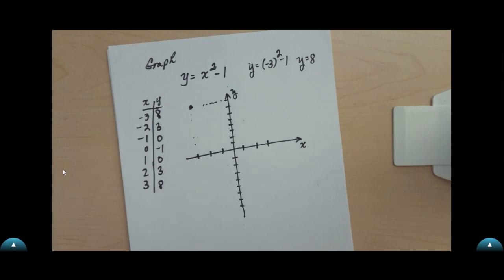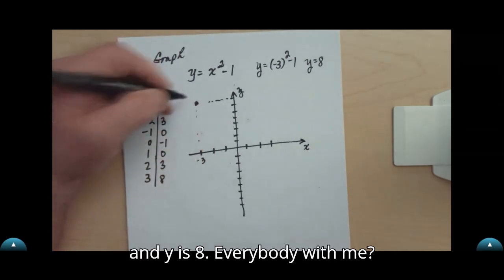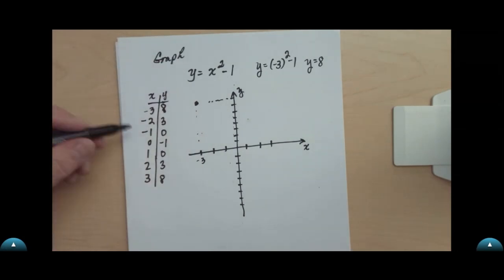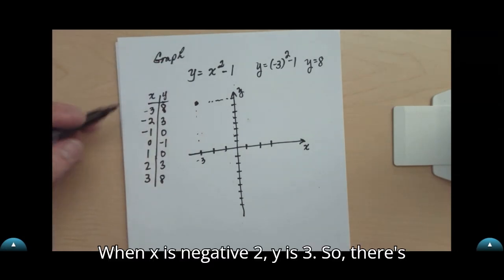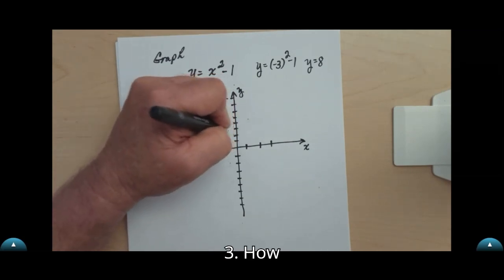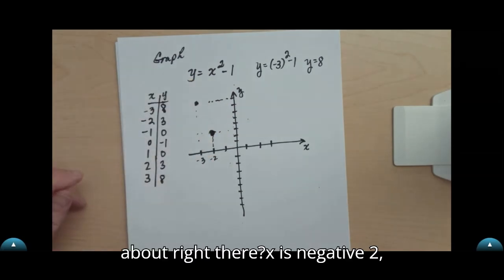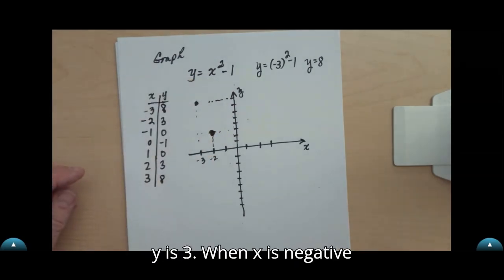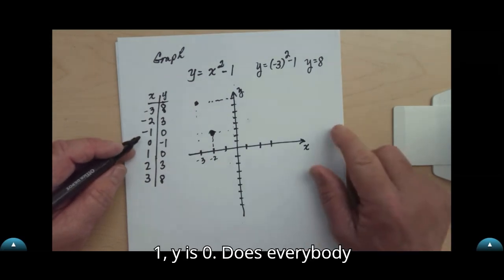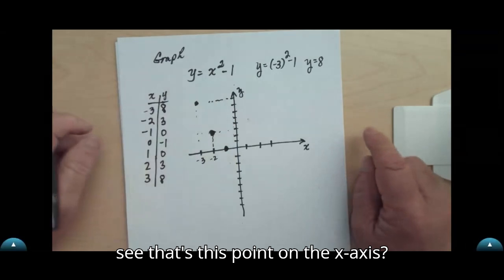So there's where x is -3 and y is 8. Everybody with me? When x is -2, y is 3. So there's -2. 1, 2, 3. About right there. X is -2, y is 3. When x is -1, y is 0. Does everybody see that's this point on the x-axis?